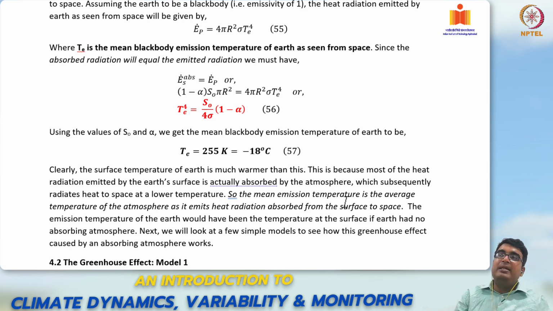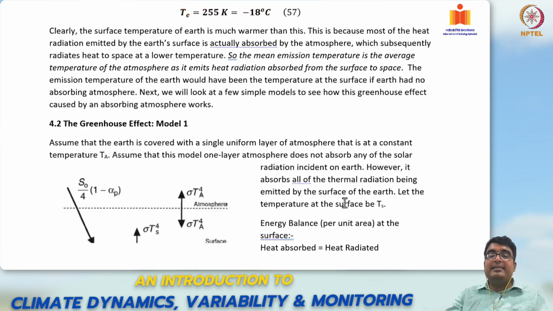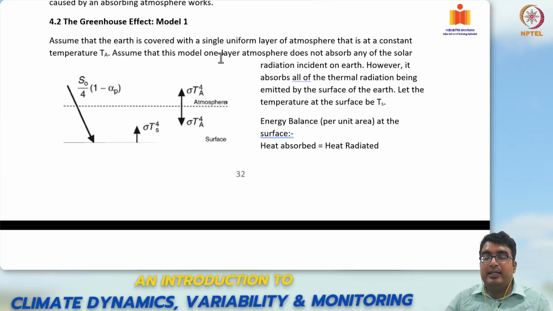It is absorbing heat coming from the Earth's surface and releasing it at a much lower temperature, which is what the mean emission temperature seen from space is, and hence the surface can be much warmer than the atmosphere. We will see this in the simplified greenhouse model that we will discuss now.